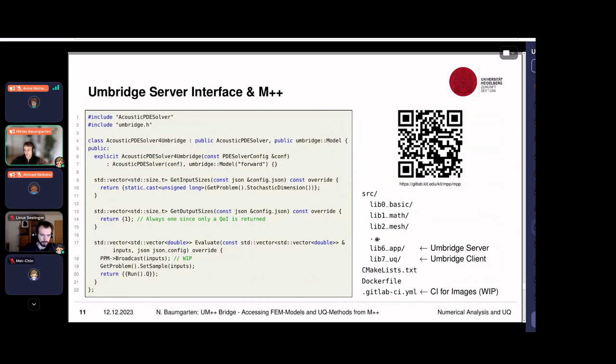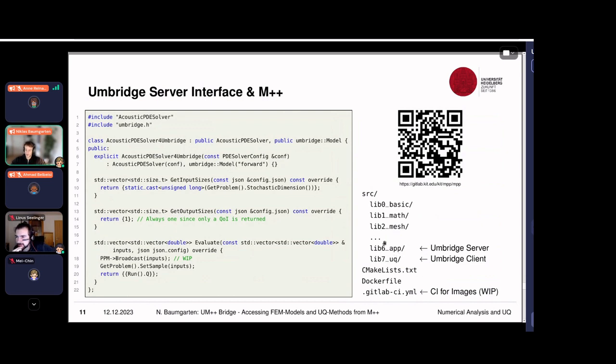And just roughly the project structure. So here's all the C++ code in the source directory. We have some basic logging and parallelization stuff, some algebra, and then the meshing library, which is basically responsible for distributing all the meshes and finding the distribution within the mesh. And a lot more stuff. And then there's this app, which stands for application.